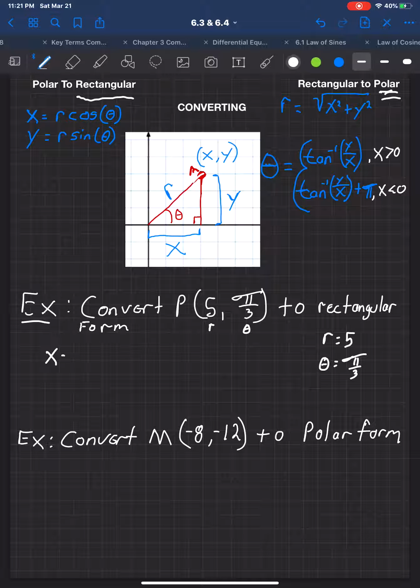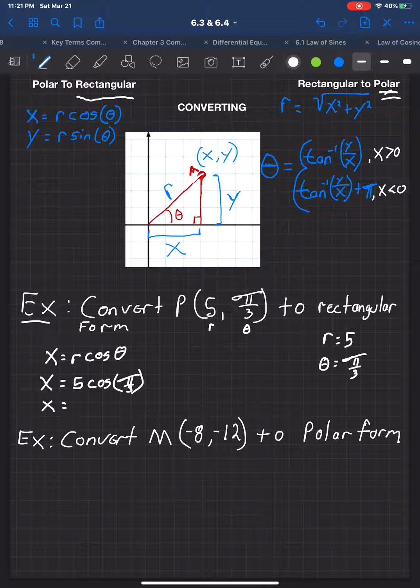You want to get back to rectangular coordinates. So x is equal to r cosine of theta. Let's plug in. That means x is equal to 5 cosine of pi over 3. Cosine of pi over 3 is 1/2, so that's 5 times 1/2. Therefore, x is equal to 5 over 2.